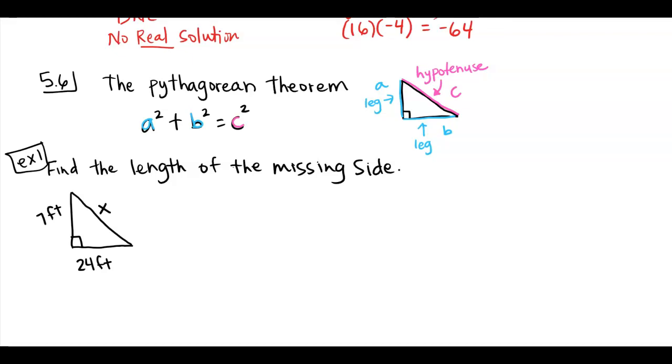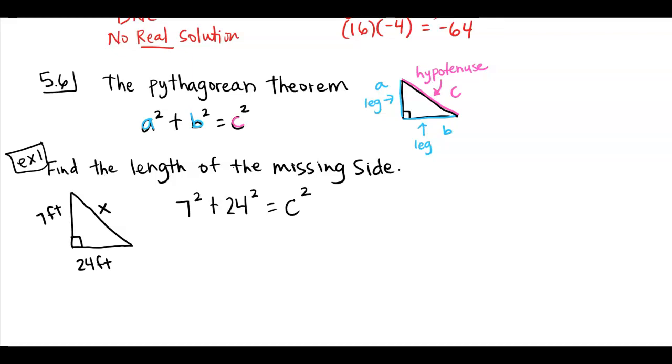Again, we can tell it's the hypotenuse because it's the longest side and it's the one across from our 90-degree angle. All right, so then we need to set it up so we have one of the legs squared plus the other leg squared equals the hypotenuse squared. So I'll have 7 squared plus 24 squared equals c squared.